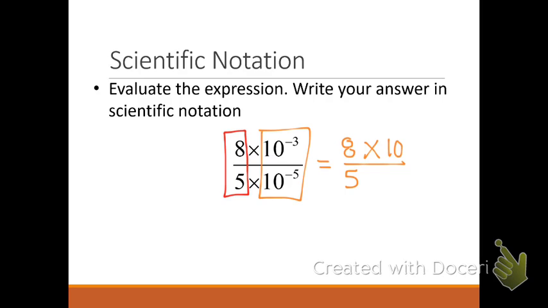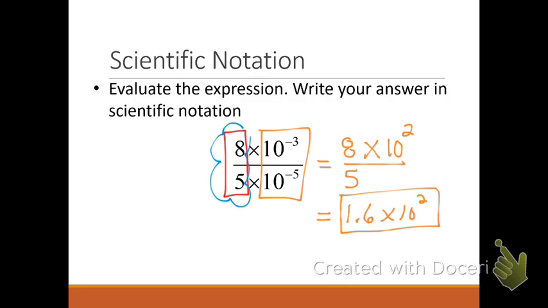So negative 3 minus negative 5 is positive 2. So we get 8 over 5 times 10 squared. And 8 over 5, if we were to put that into our calculator and get a decimal, that would be 1.6. And then we've got times 10 squared.